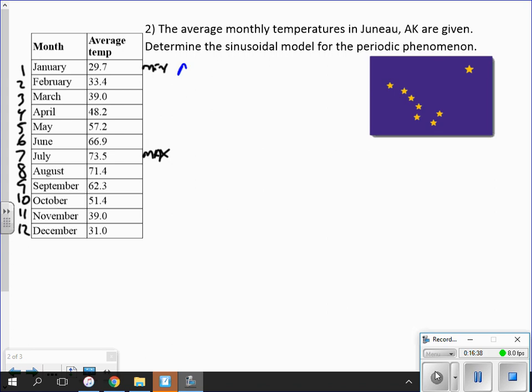Okay, so our amplitude is the same thing. It's max minus min divided by 2. And when we do that, we end up getting for amplitude 21.9. Big amplitude. That's a pretty big amplitude.